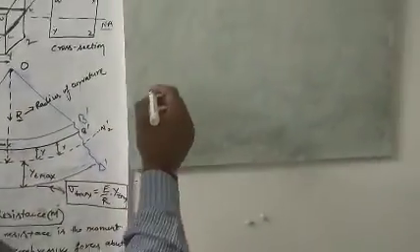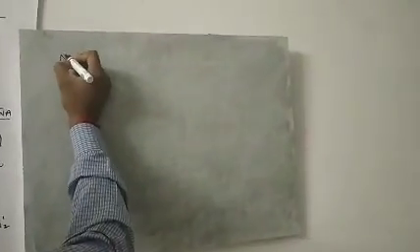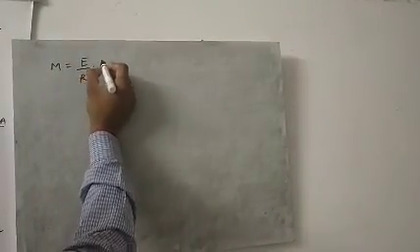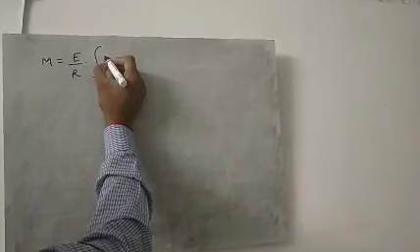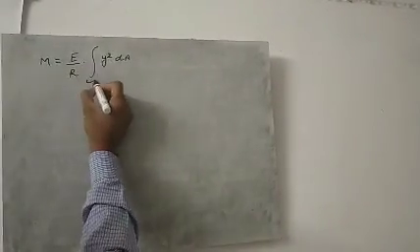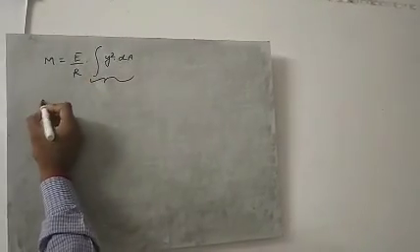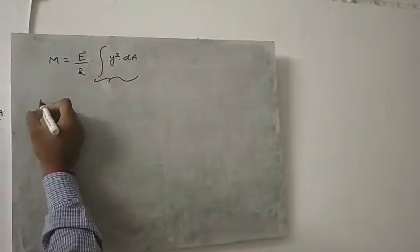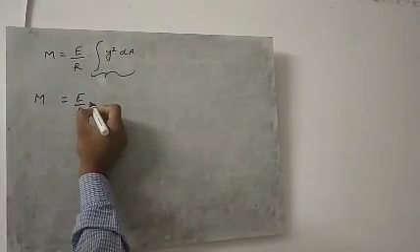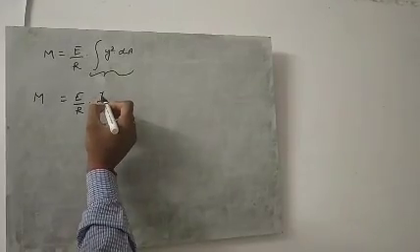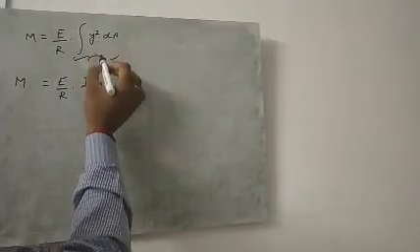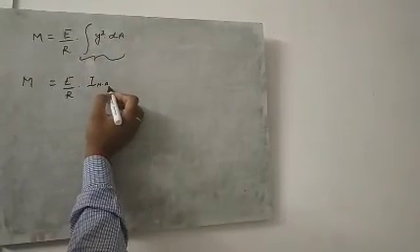Clear? E upon R is constant. We can take it out from the integration. Then here will be the integral of y square dA, and this one you already studied in the previous semester, and this is equal to I, the moment of inertia about the neutral axis of the beam.